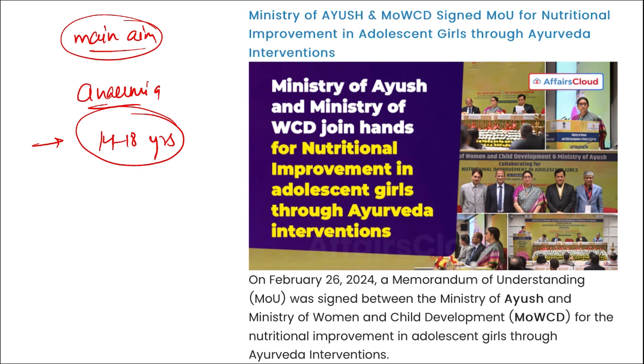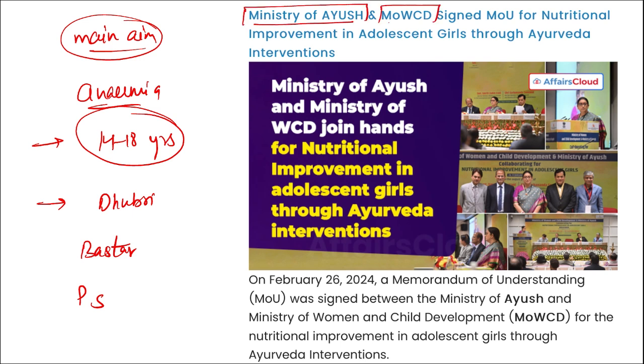And specific districts will be focused here, such as your Dhubri district in Assam, Bastar district in Chhattisgarh, Paschimi Singhbhum district in Jharkhand, Dholpur district in Rajasthan, and so on. Right? So coming back, it is Ministry of Ayush.